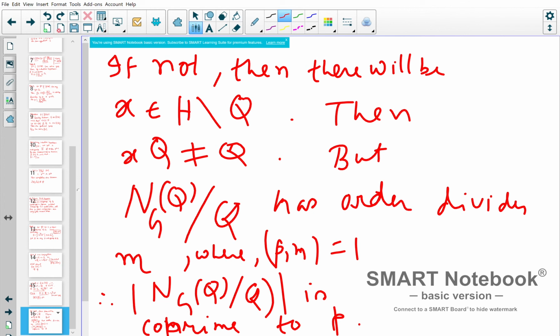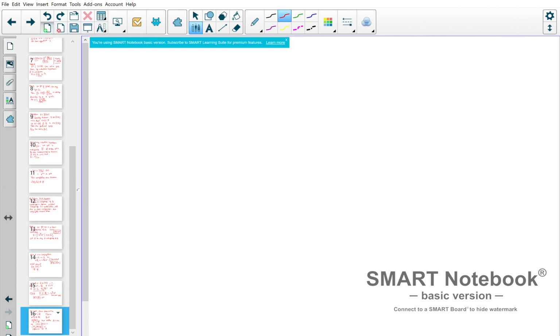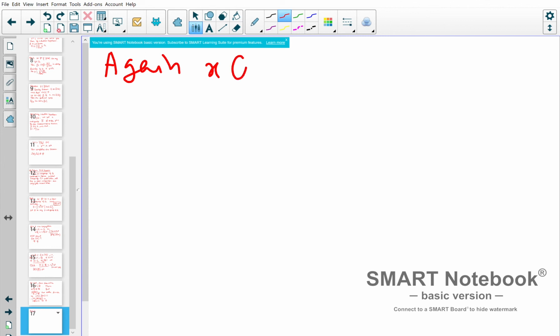If you understood this part, let me now take this element again: this coset is an element of this quotient group.